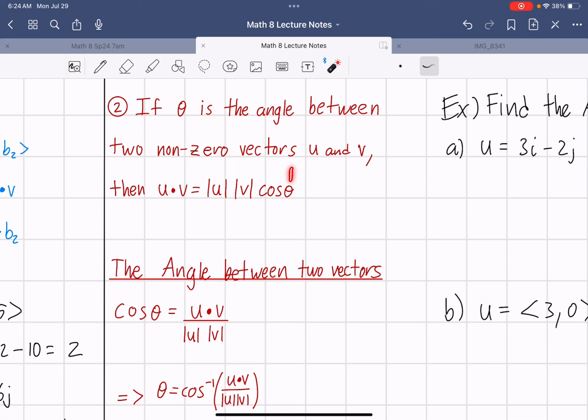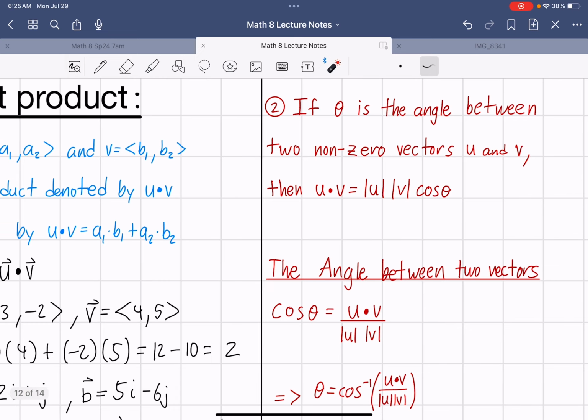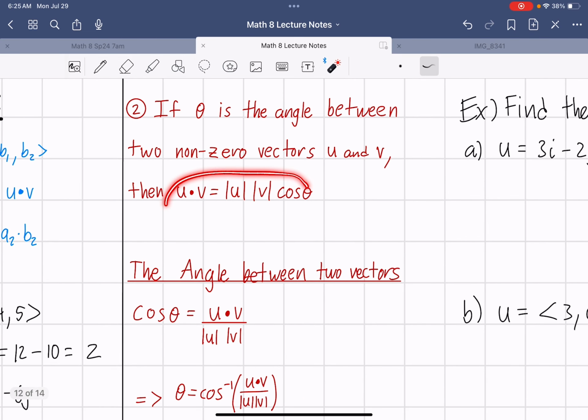And the only way to get a variable out of an argument is to use inverses. So if theta is the angle between the two vectors, then the dot product is given by this formula. Again, two different versions. This is the second version, and it helps us actually find the angle between them.